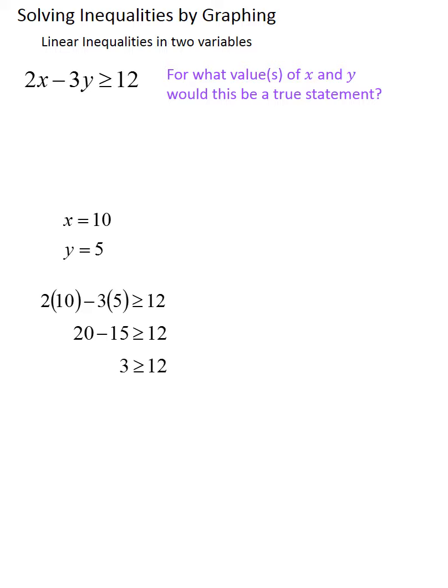So what this shows is that there are certain pairs of values that make inequalities like this true, and there are other pairs of values that make the inequality false.